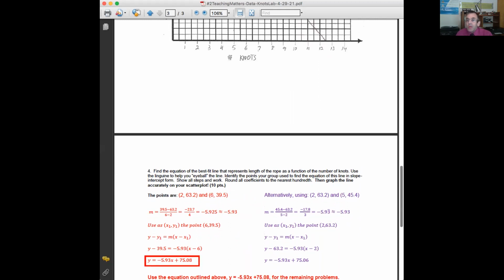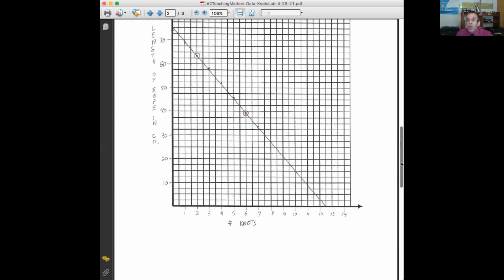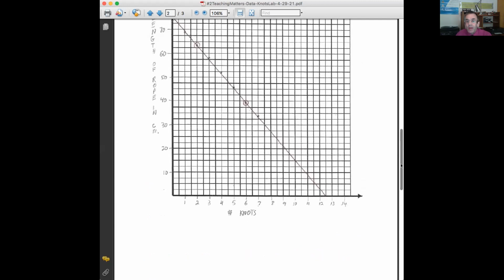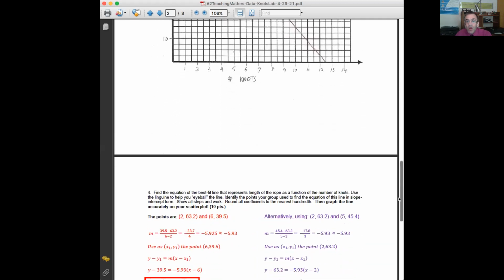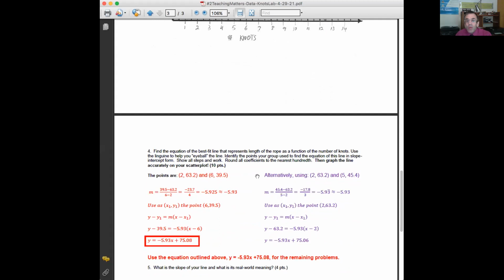Now, if you notice on the grid, we have a downhill line with a negative slope, and the Knots Lab is one of the few activities I know where you collect linear data and have a negative slope or negative rate of change. So now we identified our points that I have circled, which are (2, 63.2) and (6, 39.5).